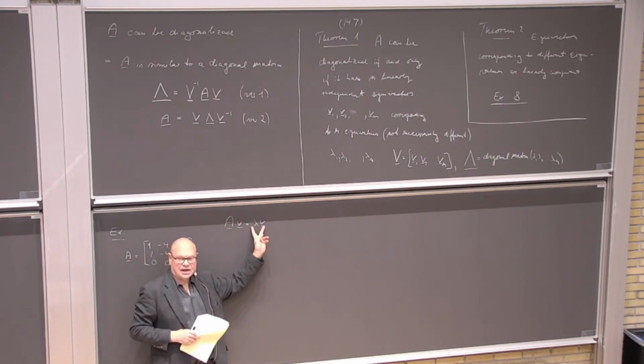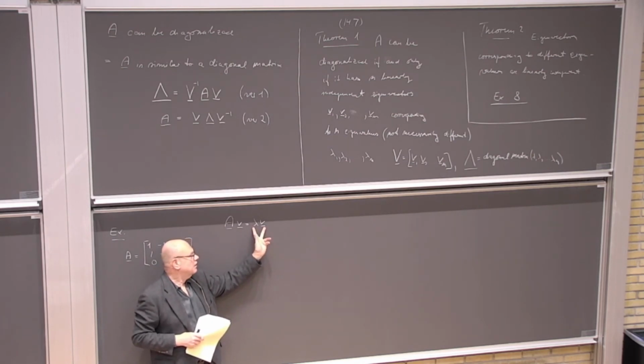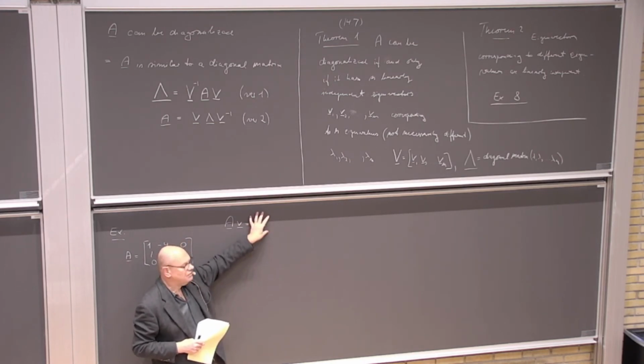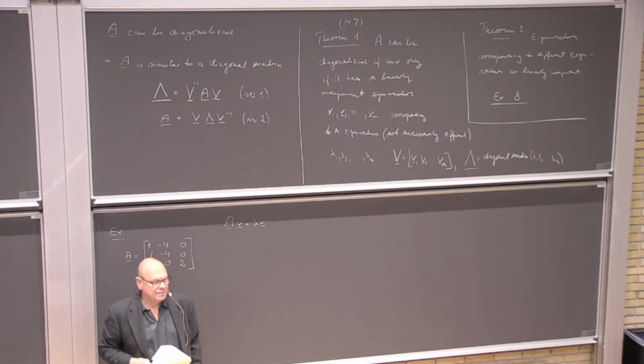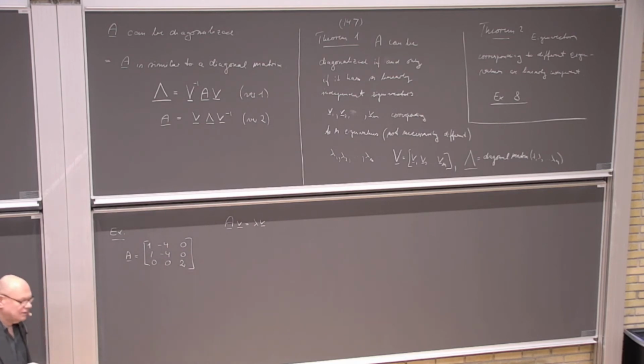If you put in the eigenvalue 0 to see if it is actually an eigenvalue, then you get the 0 vector on the right-hand side, and then the solution to that problem would be the kernel of A.